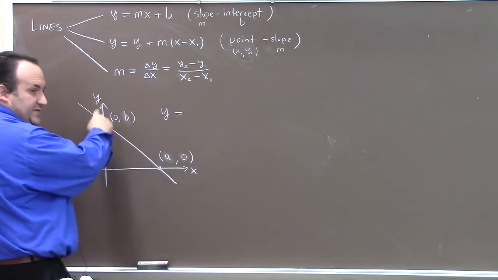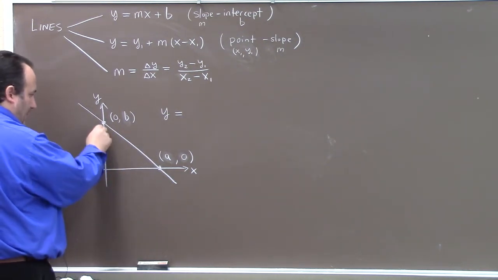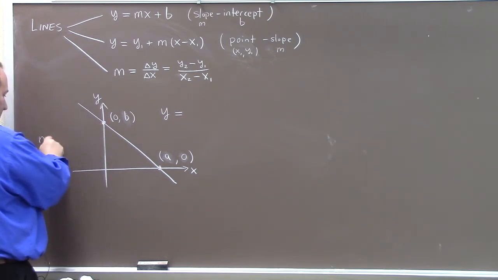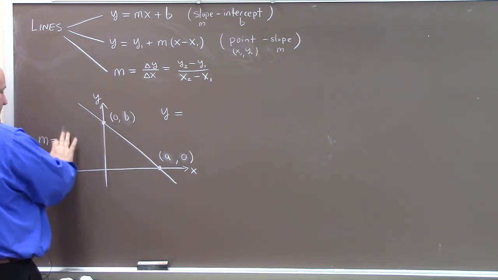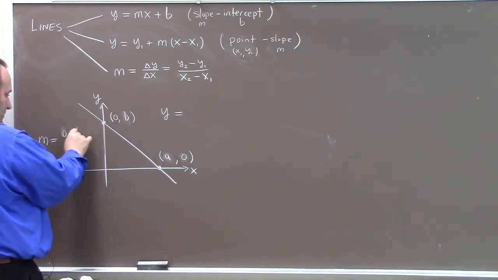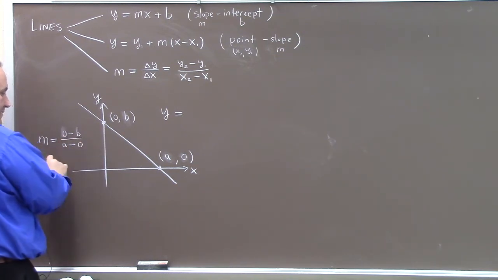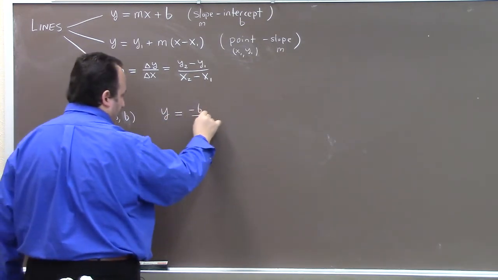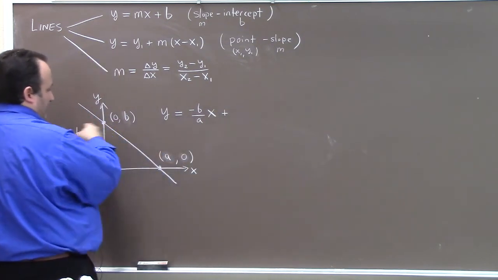Well, what's the slope? So we go 0 minus b over a minus 0, right? So the slope is minus b over a. So we got minus b over a x plus the y-intercept, which is b.